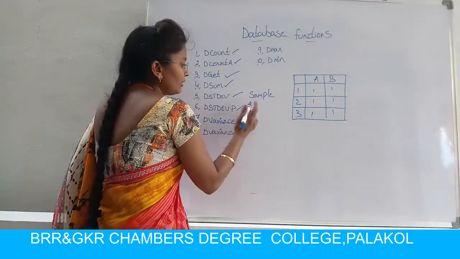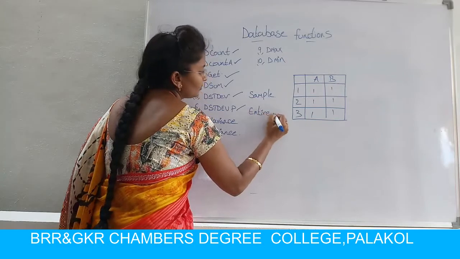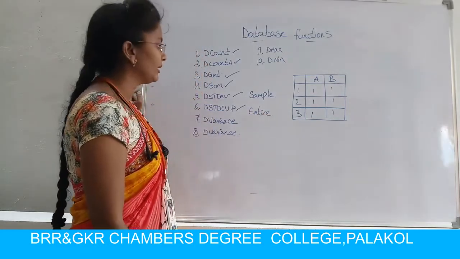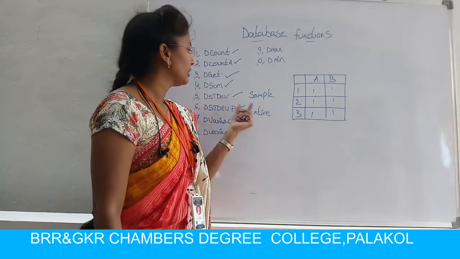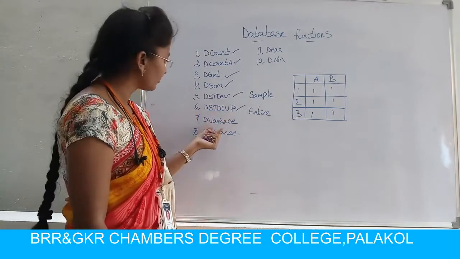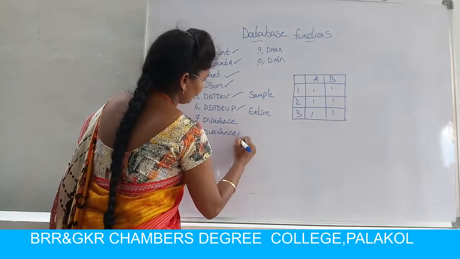And P means it will calculate the entire population. Whatever data you entered in the list, it will take the entire population and calculate.